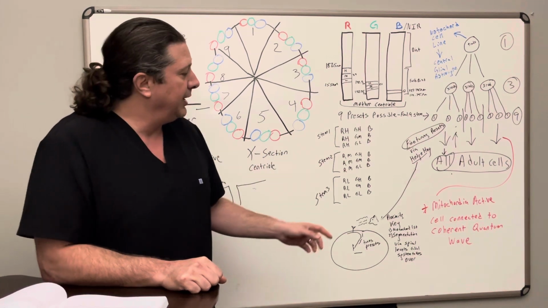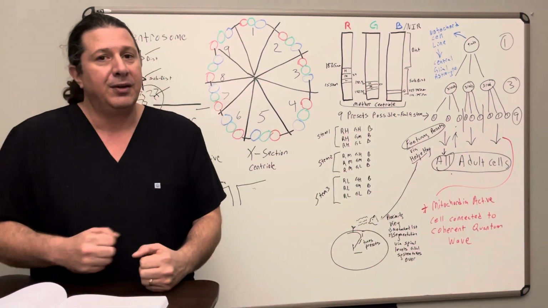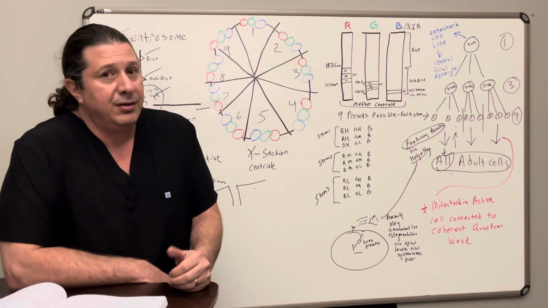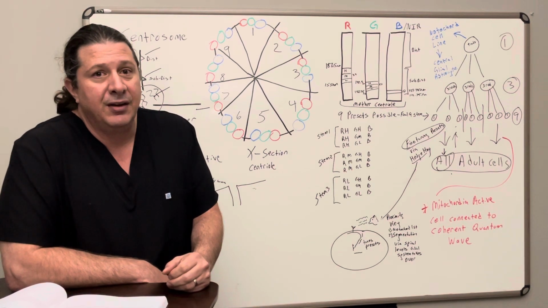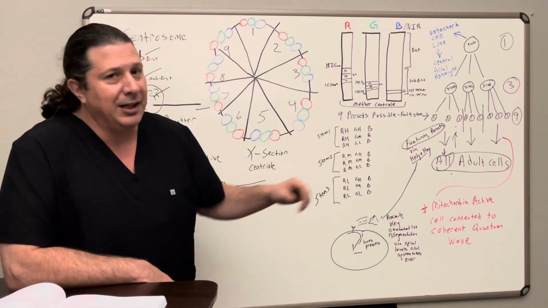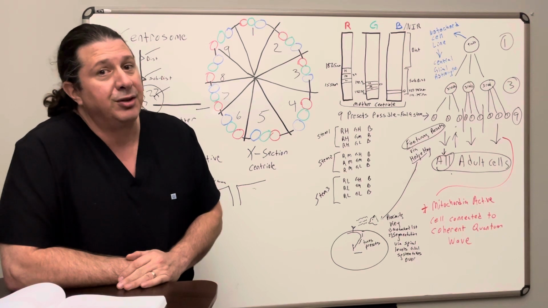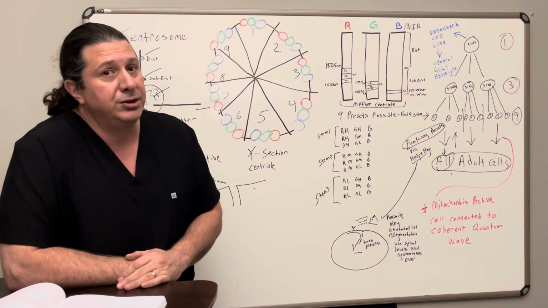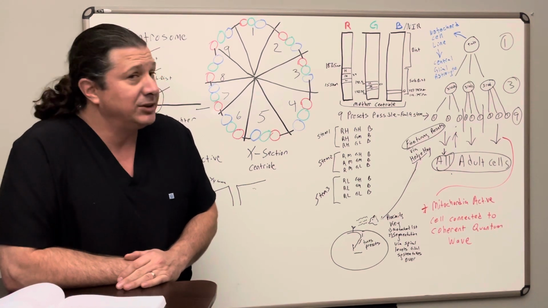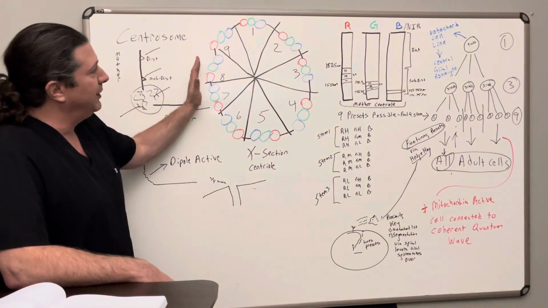Meaning when you take a cancer cell or a stem cell out of the body, you can keep it alive indefinitely. If you take an adult differentiated cell out of the body, it's not going to live very long. It's not getting that message. Its mitochondria aren't functioning anymore. So pretty interesting when you start connecting the dots here. And I was pretty blown away when I started piecing everything together.